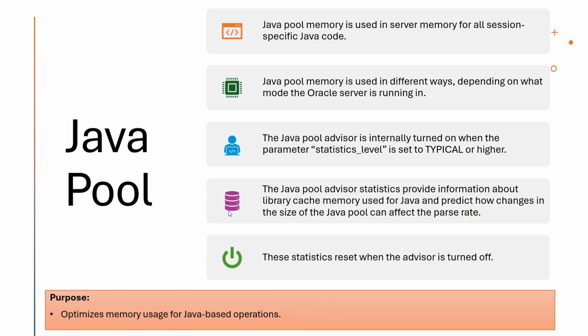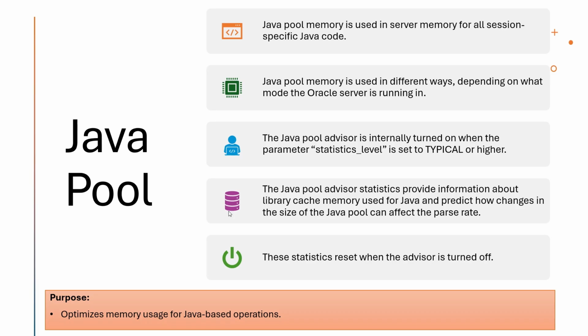And then Java pool is dedicated for Java applications. If you have a JVM, Java Virtual Machine, or Java clients, your application is written in Java, at that time Java pool will come into the picture. Okay, this is optional. When you have an application written with JVMs, at that time only Java pool memory will come.